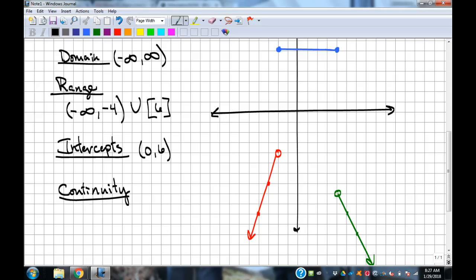No. Okay, so if you're testing continuity of a graph, here's the best way of thinking about it. Can I draw it without picking up my pencil? Can I trace it without picking up my pencil? This one, obviously, you can't, because I've got to pick up my pencil to get up here and draw it, and then pick it up again. So this one would be what we call discontinuous.